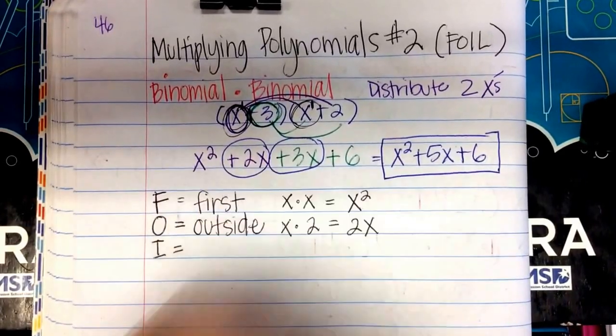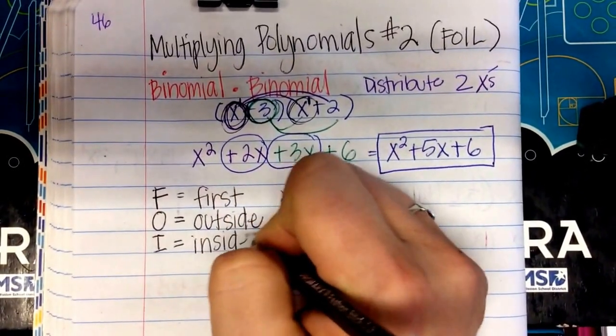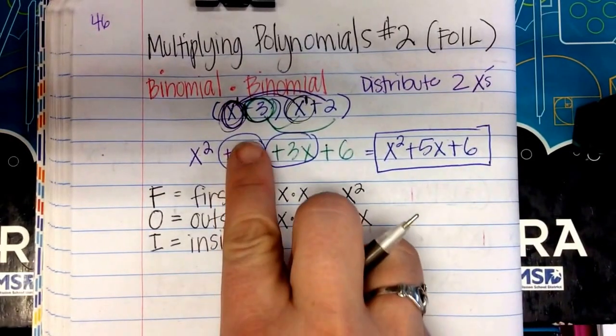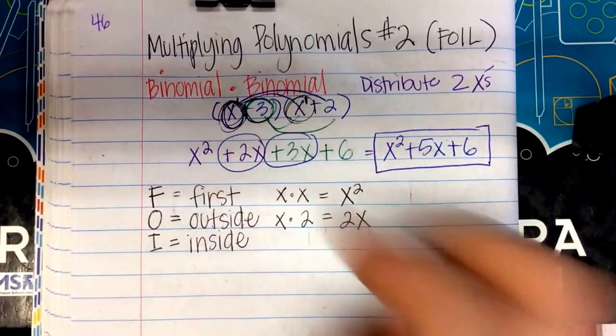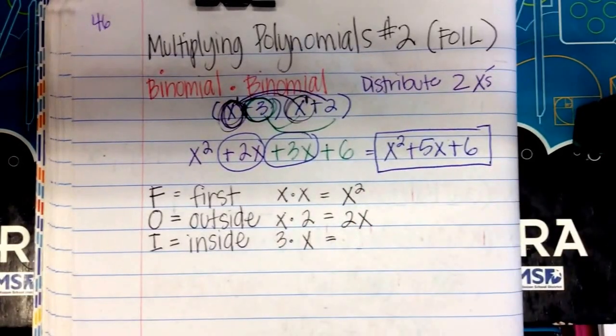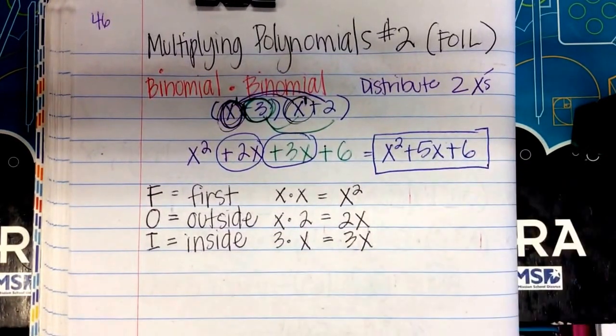F-O-I. I stands for inside. You multiply the 2 inside terms. 3 times x. And 3 times x is 3x.